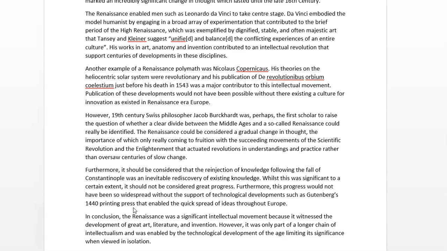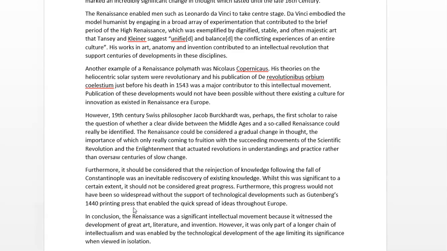So in that paragraph then, I'm suggesting that the Renaissance was insignificant because it wasn't really revolutionary. Instead, it was just a slow change that gave way to more revolutionary movements such as the Enlightenment.